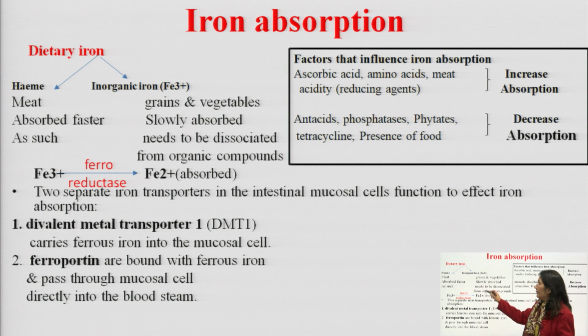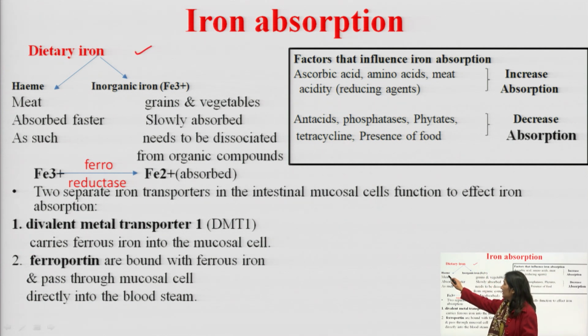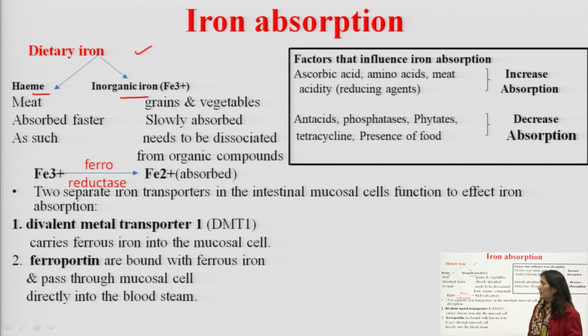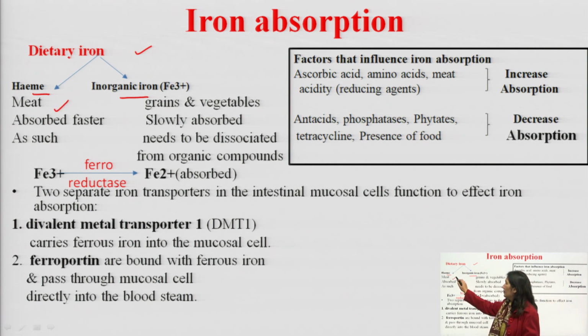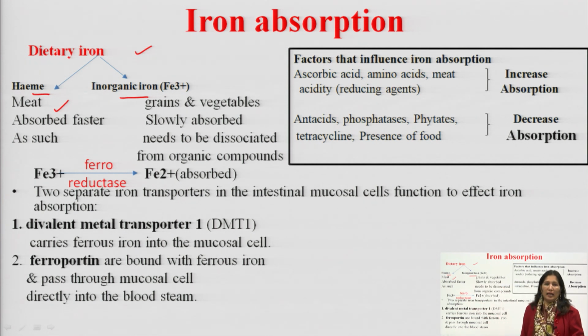Dietary iron either exists as heme or as inorganic iron, that is the ferric form. Heme iron is present in meat, it is absorbed faster and it is absorbed as such. It does not dissociate further, while inorganic iron is present in grains and vegetables.